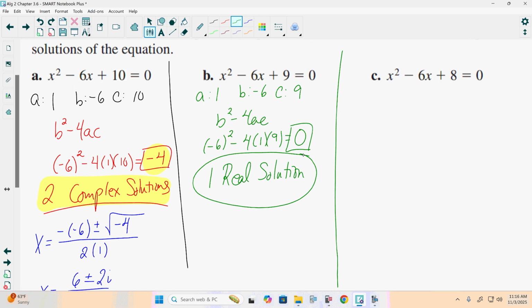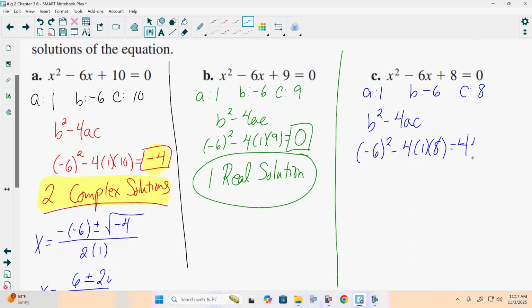Because with quadratics, we will always have two solutions. It might be that both values are the same. They might both be different, but we will always have two. Let's look at this next one. We have x squared minus 6x plus 8 equals 0. Well, a is 1, b is -6, and c is 8.